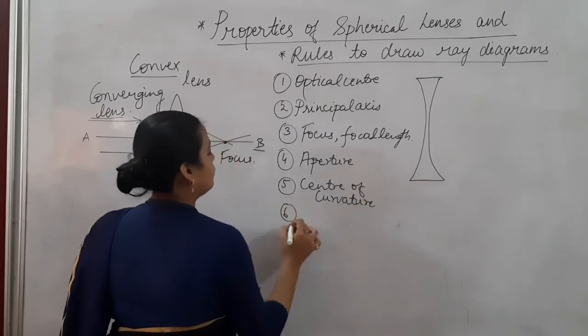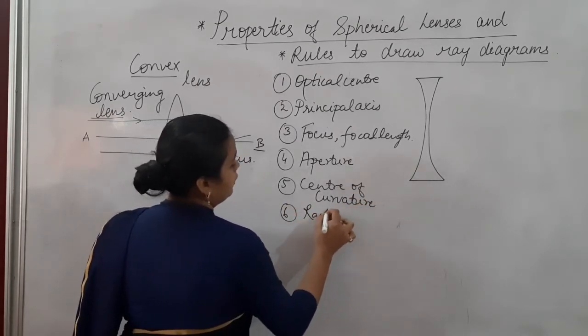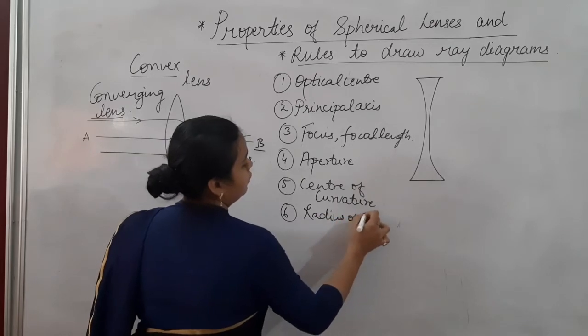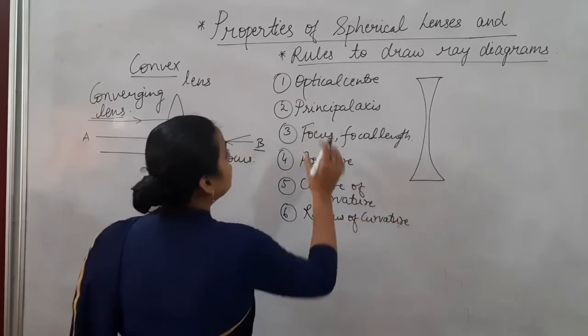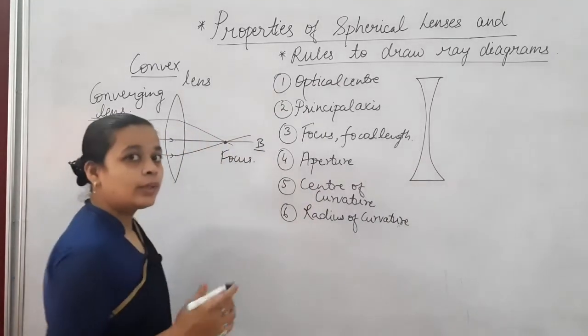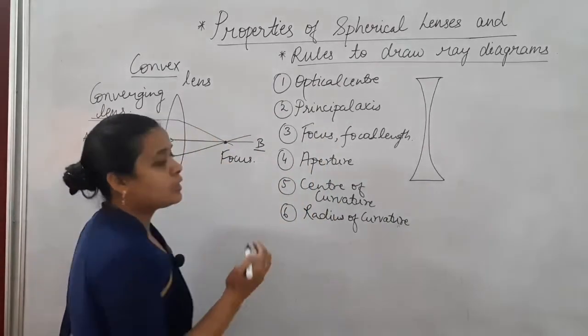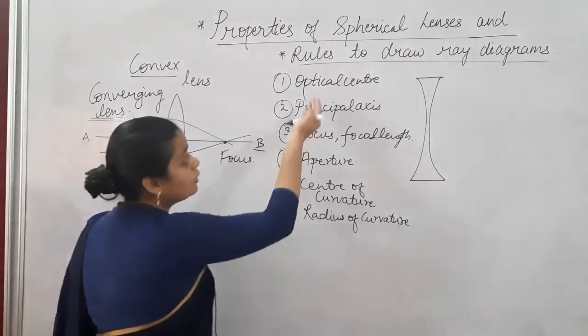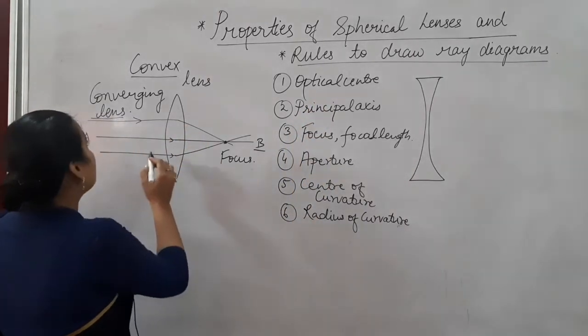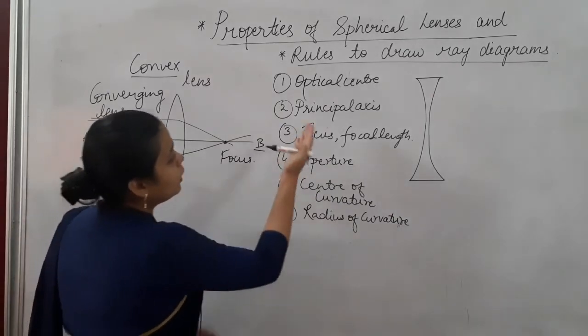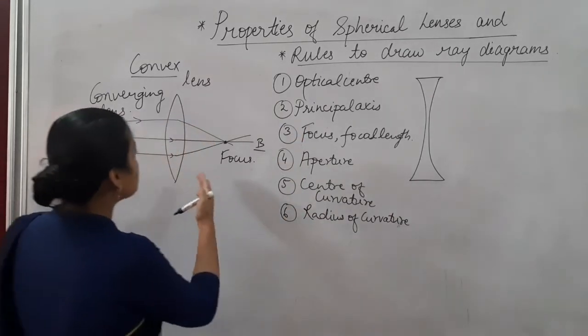And sixth one will be radius of curvature. These are all said to be terms related to spherical lenses. I have already understood these terms in context to spherical mirrors, but here we have to know about all these terms using lenses.